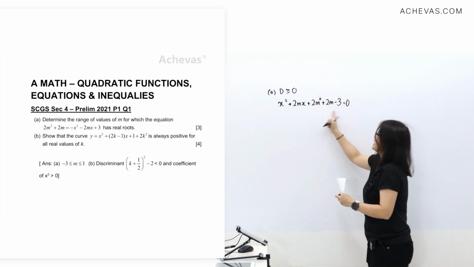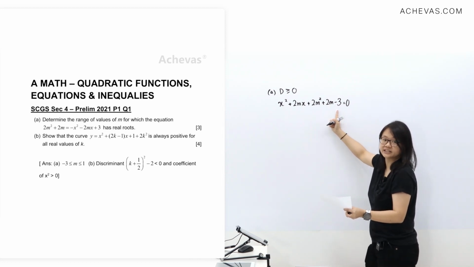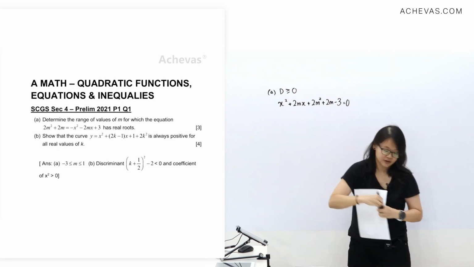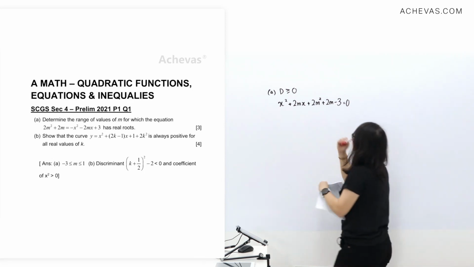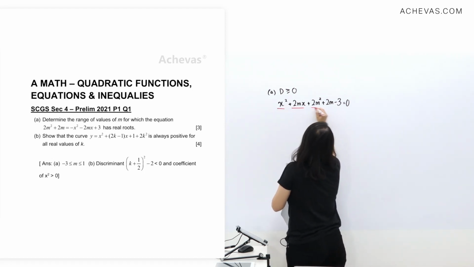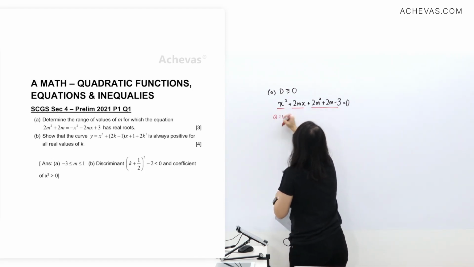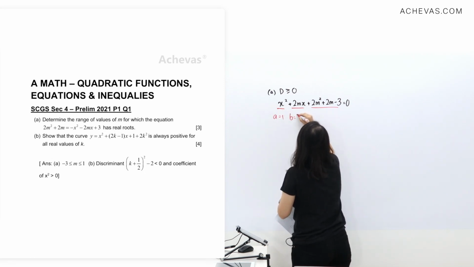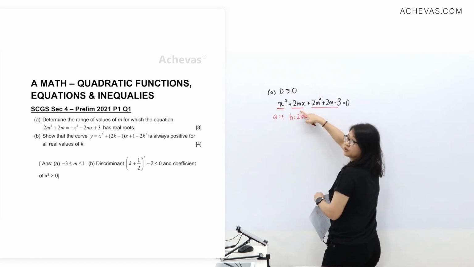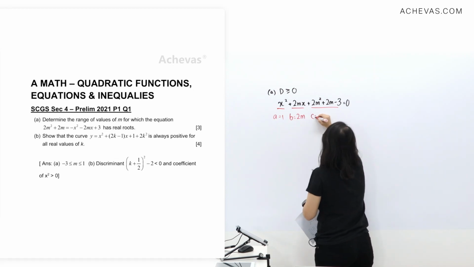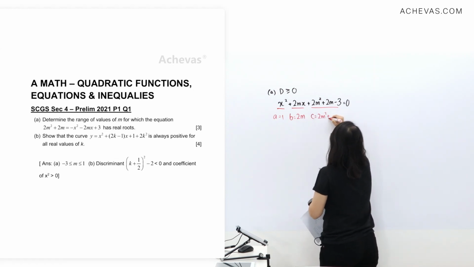So the remaining here that does not contain x will all be c value. Okay, so from there, A we have 1. Okay, remember to take only the coefficient. B we have 2m and c is everything else here.